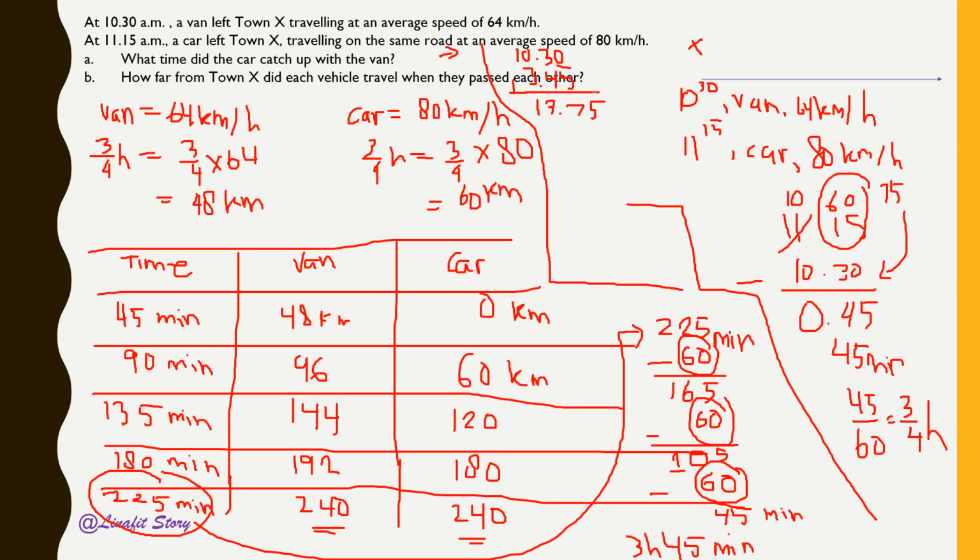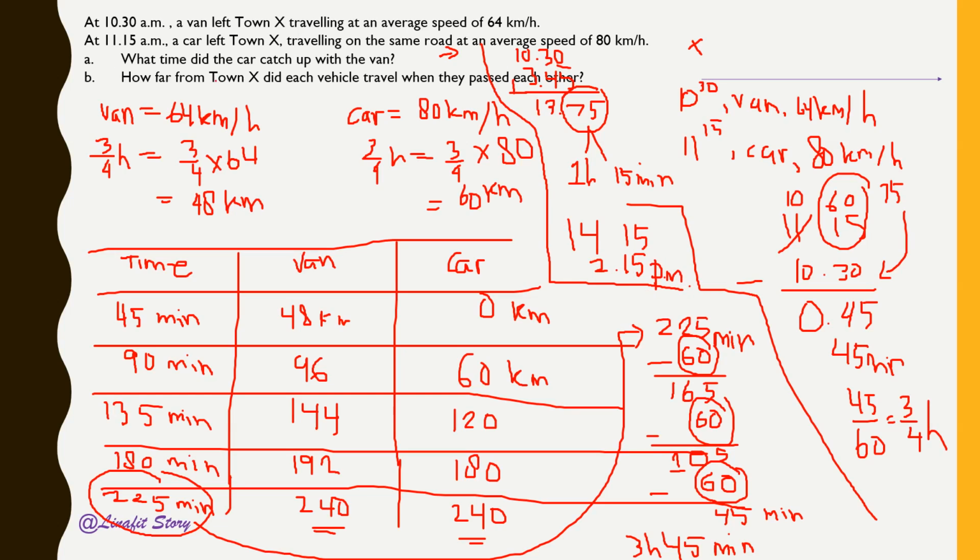Over here 75 minutes, so we have to regroup it into hours and minutes. So 75 minutes means 1 hour and 15 minutes. So the car caught up with the van at 13 plus 1 equals 14, 14:15, or 2:15 p.m.